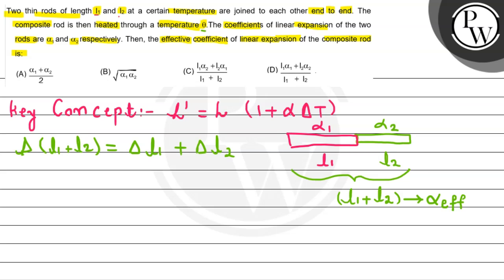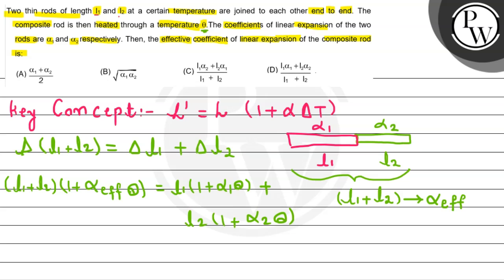Using the formula, we can write the initial length L1 plus L2 times (1 plus alpha effective times theta), since delta T is given as theta. This should be equal to L1 times (1 plus alpha 1 theta) plus L2 times (1 plus alpha 2 theta).